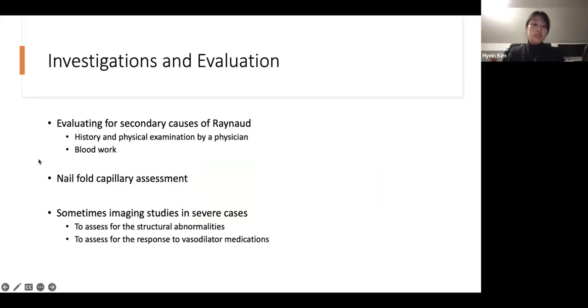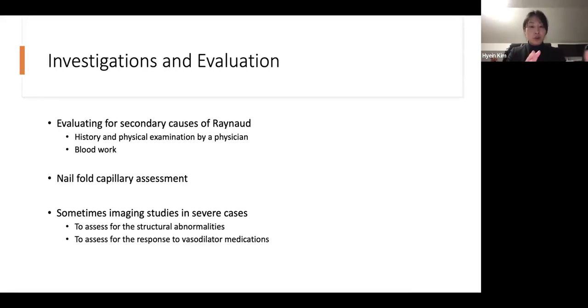So when we see these patients for the first time, we have some of these causes in the back of our minds. And what do we do to assess for it? First of all, history and physical examination by a physician is very important.